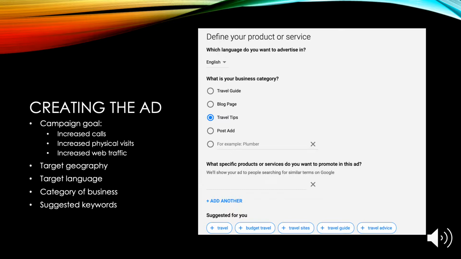Distributed Lodging Inc. chose a travel tips category, believing that queries for tips would lead to an interest in booking with Distributed Lodging. Their advertising language is English, and their marketing strategy is aimed at the English-speaking travelers. The marketing campaigns will be directed at consumers in North America, the United Kingdom, and Australasia.